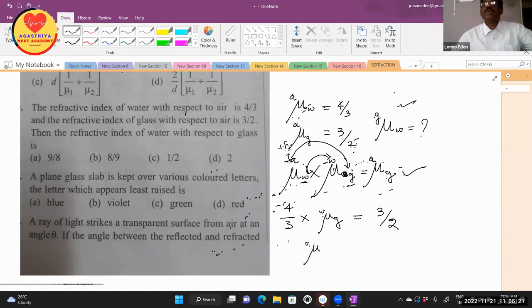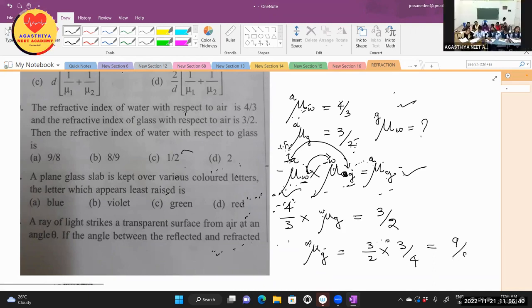Therefore, mu Wg is equal to 3 by 2. When this quantity comes to the right hand side, it becomes what? 3 by 4.